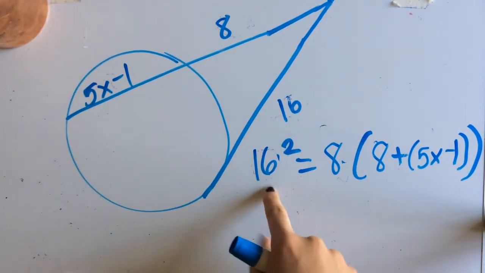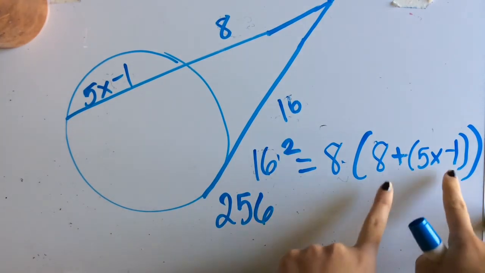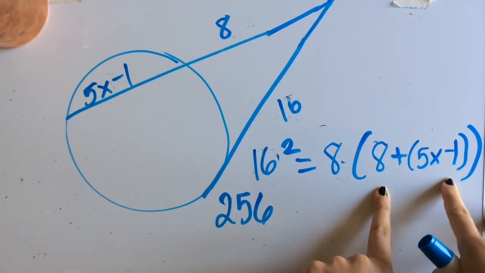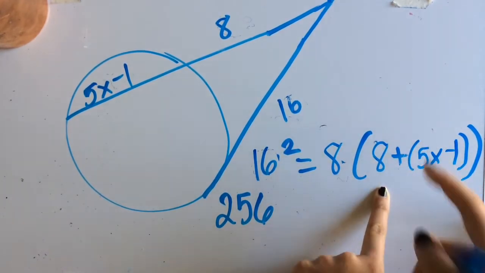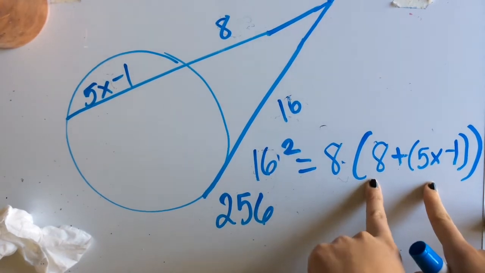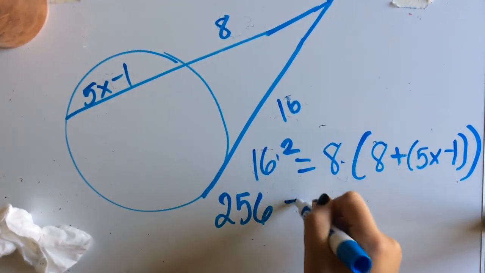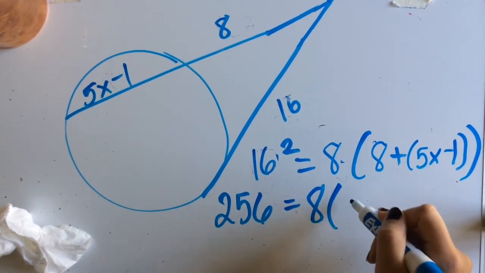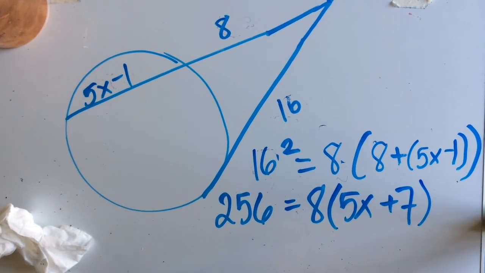So 16 squared is 256. And I can kind of combine these parts. So 5x can't be combined with anything because it has no like terms here, but I can add 8 minus 1, and 8 minus 1 is 7. So I can simplify that to 8 times 5x plus 7 because it's positive 7.